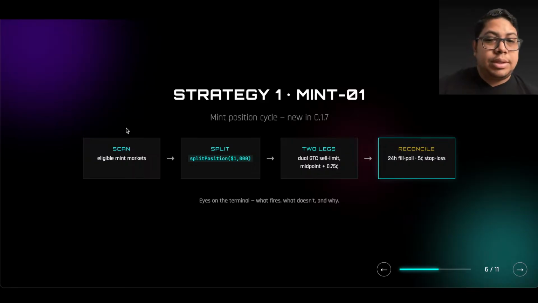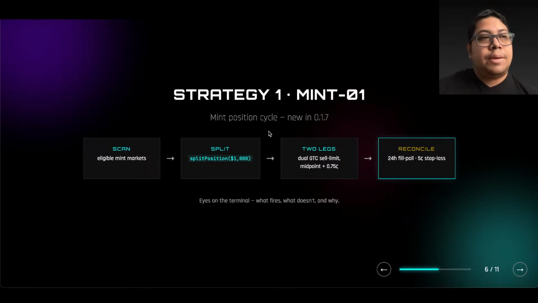So we have the scan. Once everything is made in there, as I said, multiple steps: scan, and then it's going to apply math, make decisions, compare based on your configuration. Once everything is done in the scanning section, the automation does take action, and that means minting. Minting is a split basically.